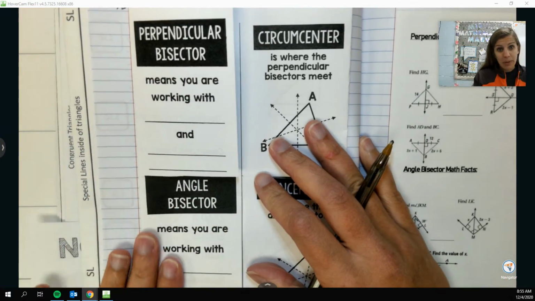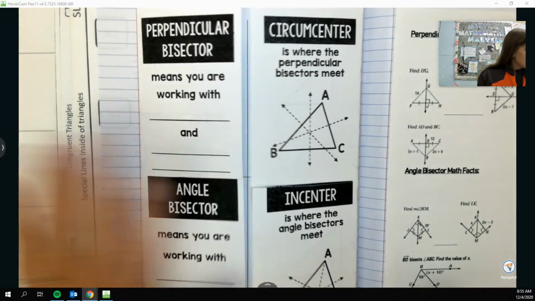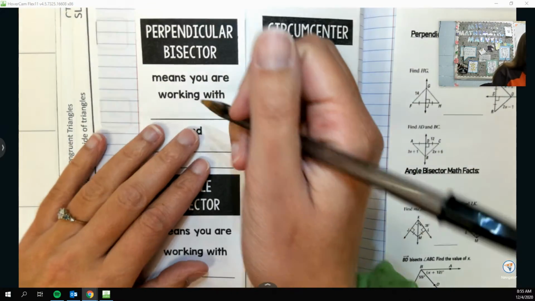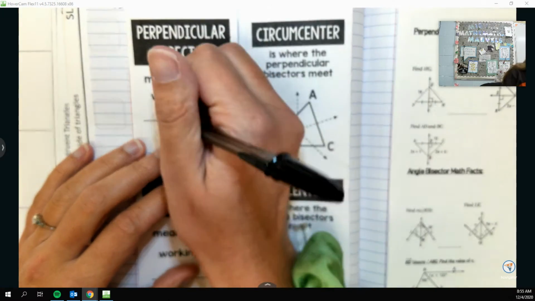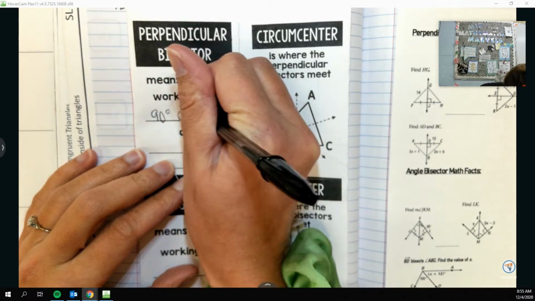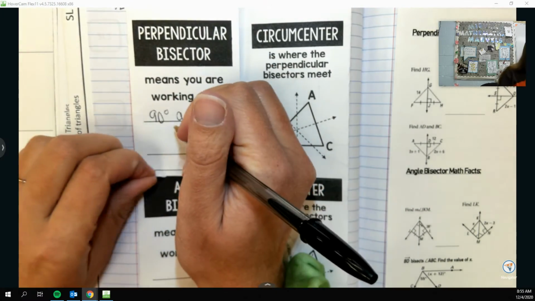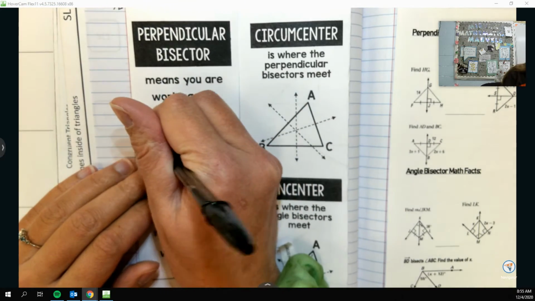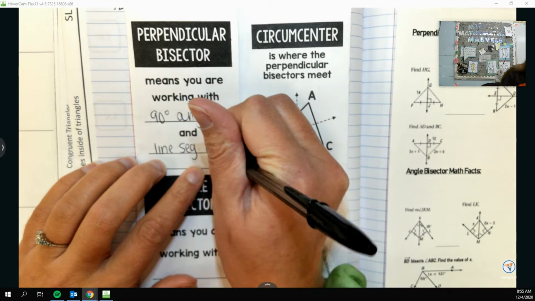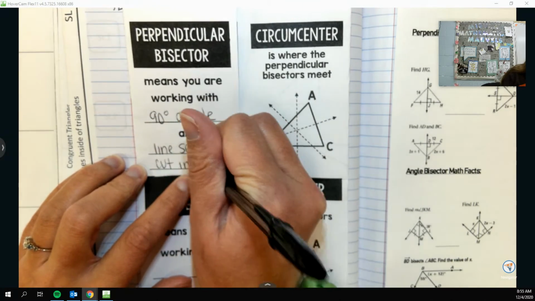Like I said, a perpendicular bisector and an angle bisector, we've already talked about a little bit. So what a perpendicular bisector means is that you are working with a 90-degree angle and a line segment being cut in half.